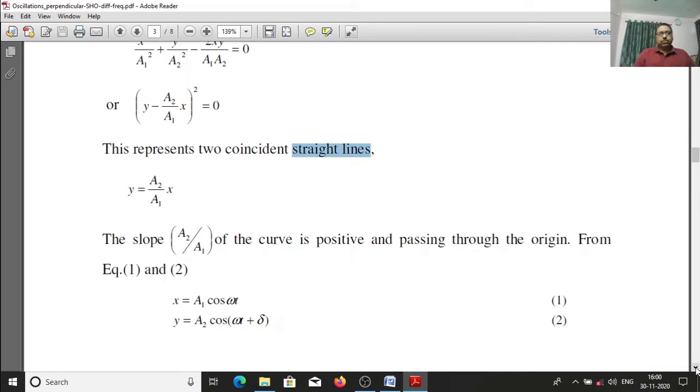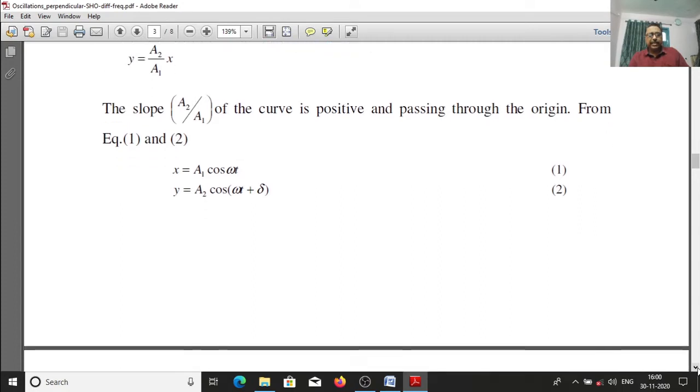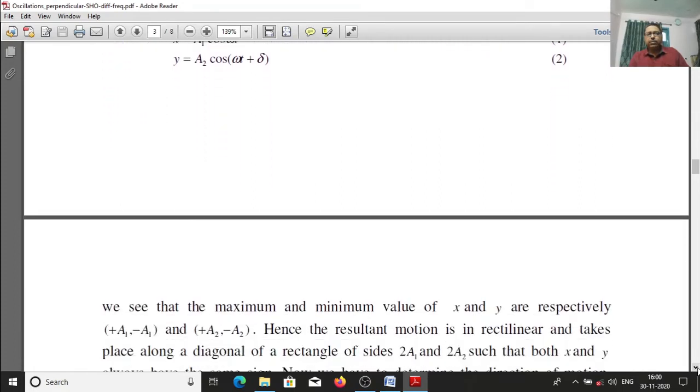Here a2 by a1 is the slope of the line passing through the origin, and this is a positive slope. From equations 1 and 2, that is, x equals a1 cos omega t and y equals a2 cos (omega t plus delta), we see that the maximum and minimum values of x and y are respectively plus a1, minus a1 and plus a2, minus a2.